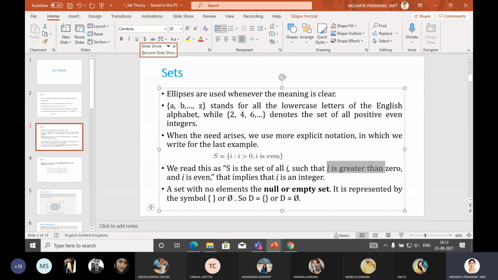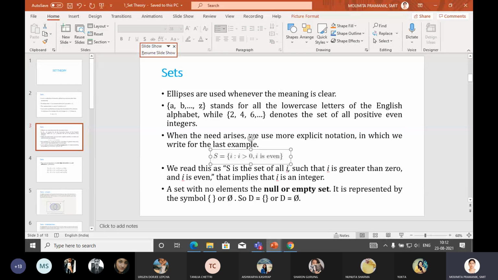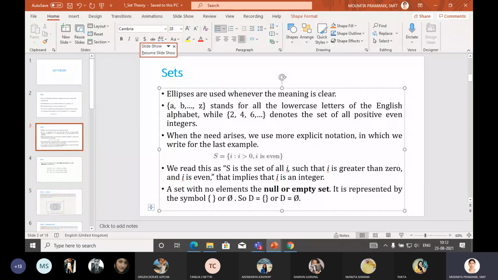Another representation of the set is that whenever a set has no element, then we call it a null set or the empty set. This is represented by the symbol, only the curly braces, or like the null value.